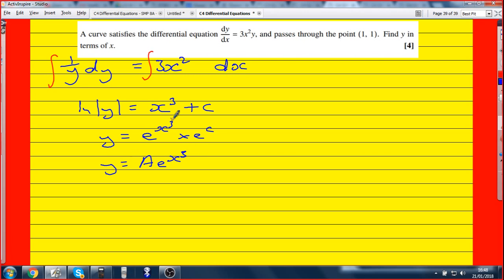Cubed, and they said something about here. Yep, a equals 1 over e, and so we were asked to find y in terms of x.